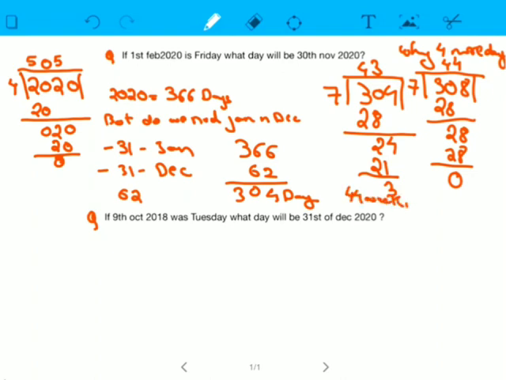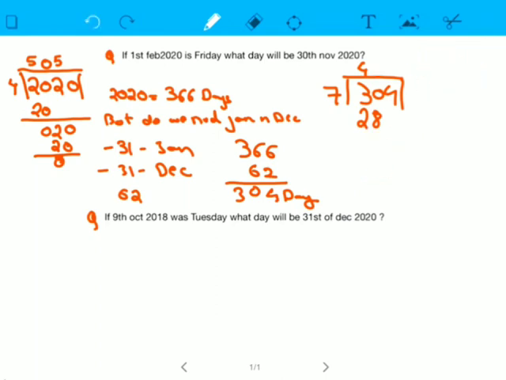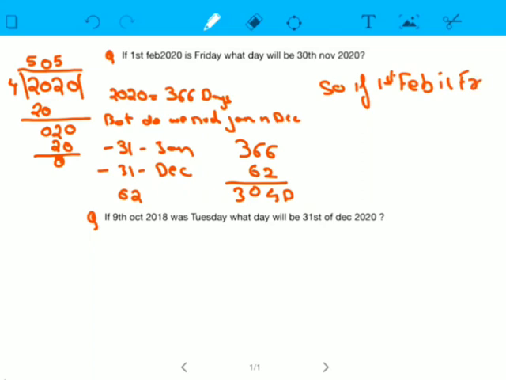So 4 days minus Friday. If 1st of February is Friday, then for 30th of November we need to count back from Friday minus 4 days.